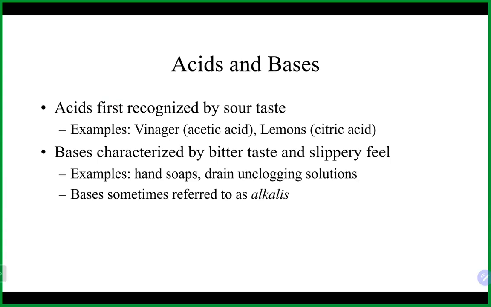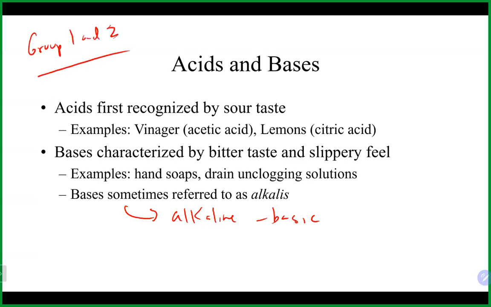Bases are sometimes referred to as being alkaline, and as we'll talk about, when you see the word alkaline, it really does mean basic. If we think about group 1 and group 2 on the periodic table, those are your alkali metals and your alkaline earth metals.